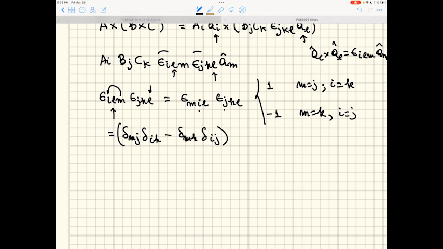So we have then the A cross B cross C equals to this term here, right? AI, Bj, Ck, epsilon I, Lm, epsilon J, Kl. Let's substitute by the delta function effect.